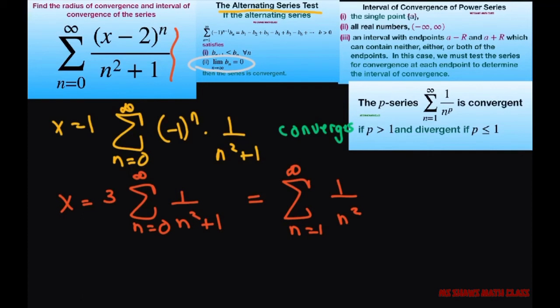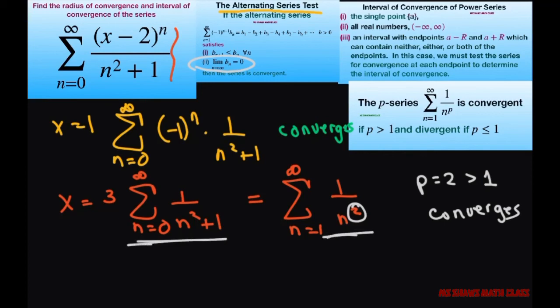This number is larger, so by that method, for the p series, our p equals 2, which is greater than 1. So this series converges. Therefore, this series converges as well, since this is greater than this series.